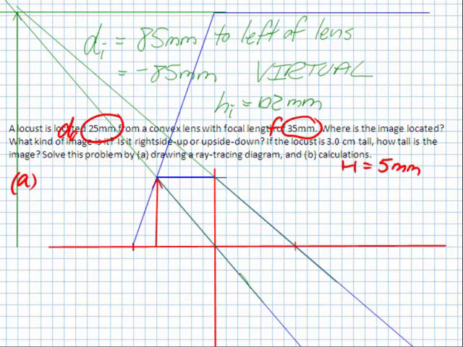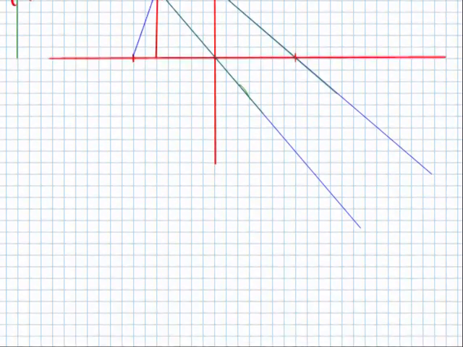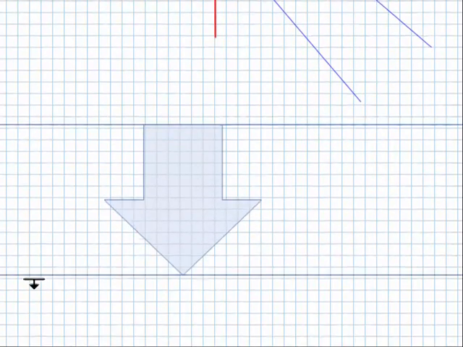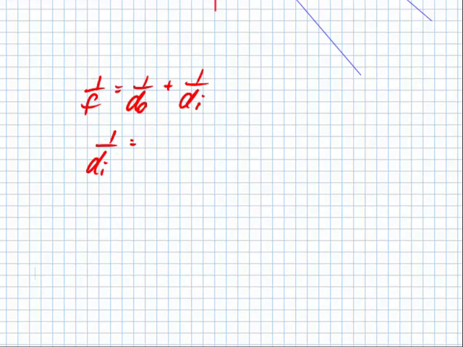Now let's go ahead and do the same problem using the thin lens equation. One over F equals 1 over DO plus 1 over DI. So 1 over DI is equal to 1 over F minus 1 over DO.